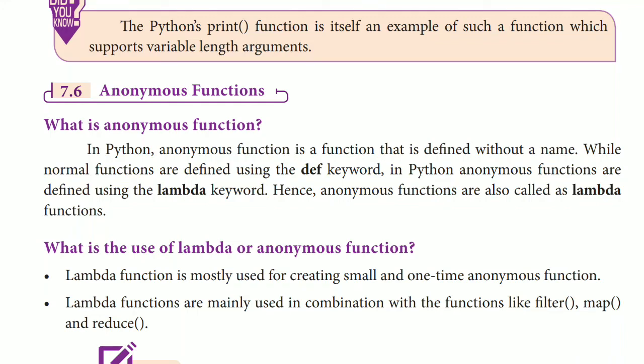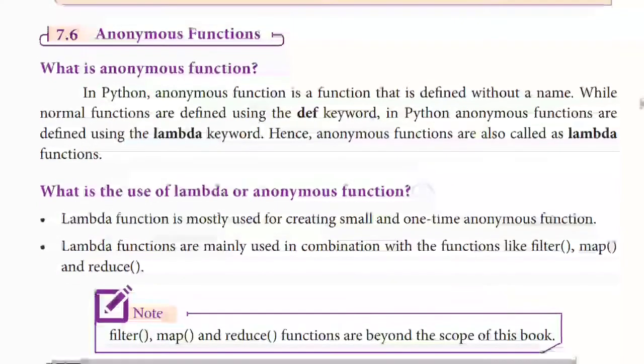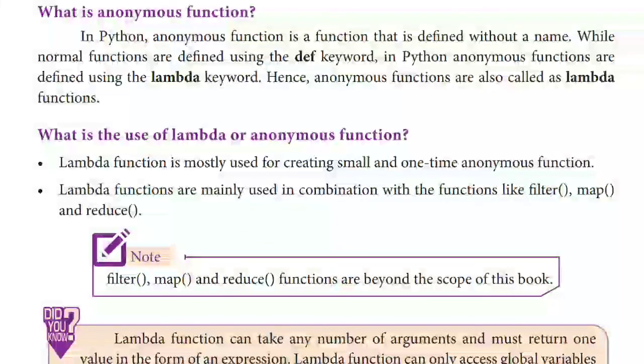Lambda is the keyword that should be used to create an anonymous function. So what is the use of a lambda function? Lambda functions are mostly used to create small, one-time anonymous functions. They are mainly used in combination with functions like filter, map, and reduce. Filter, map, and reduce functions are beyond the scope of this book.